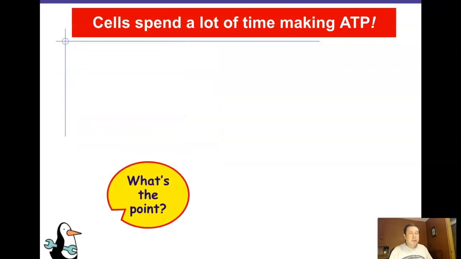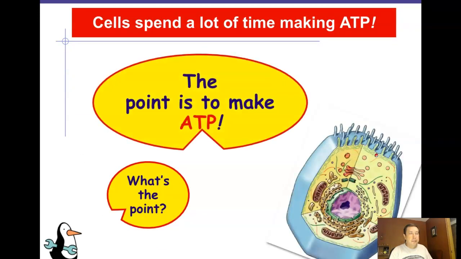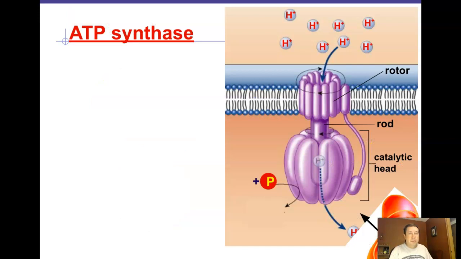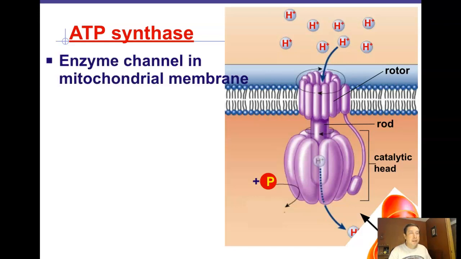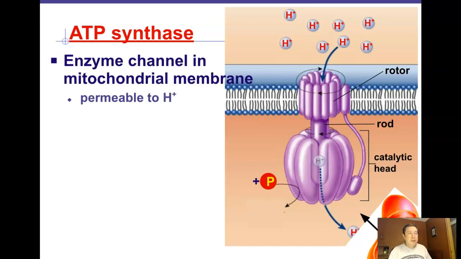So cells spend a lot of time making ATP. There's an enzyme in the membranes of mitochondria and chloroplasts called ATP synthase, and we know it's an enzyme because it ends in -ase, and the name tells us that enzyme controls a reaction where ATP is synthesized. Basically, hydrogen ions can pass through that and cause the molecule to spin.